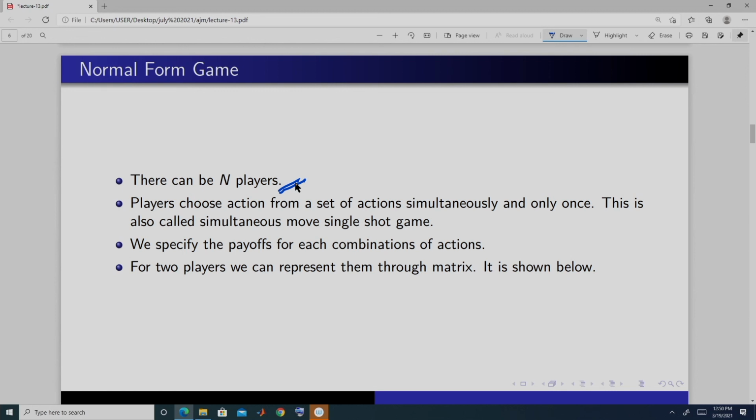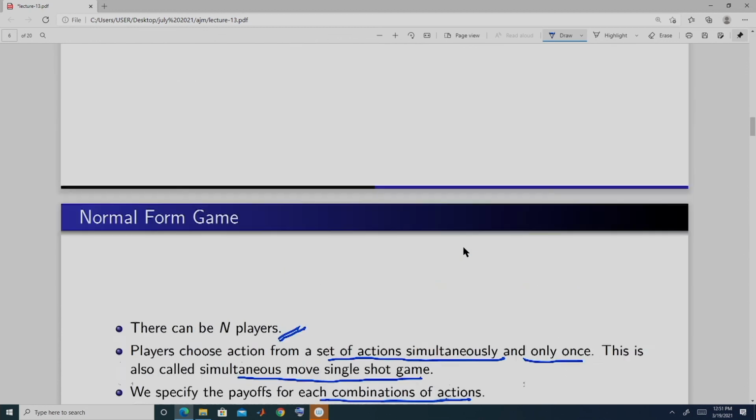So, the number of players is not a restriction, and players choose an action from a set of actions simultaneously, and they choose only once. So, this is also called a simultaneous move single shot game. Okay. And here we specify the payoff for each combination of actions.